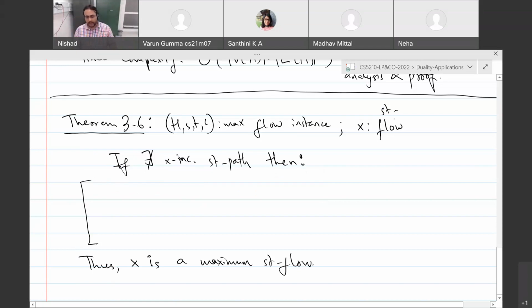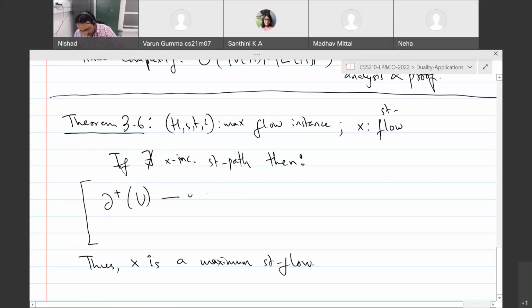The way we proved it is basically what I want to write down here. We proved that the following set is the desired cut. It is an ST cut whose capacity is exactly equal to the value of the flow we are looking at. How did we define it?